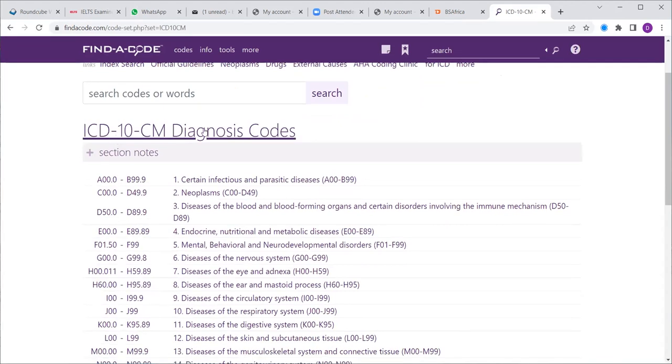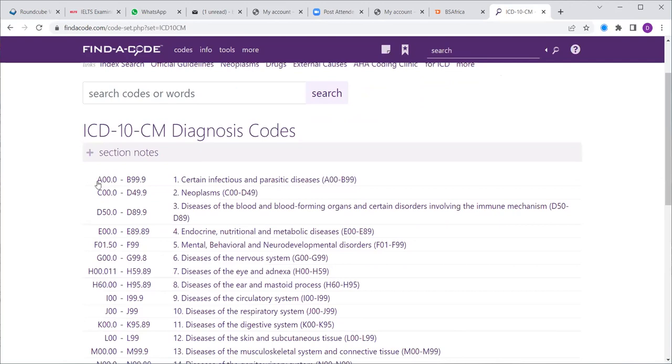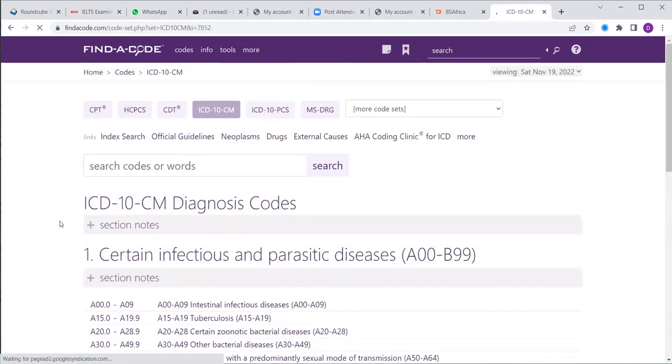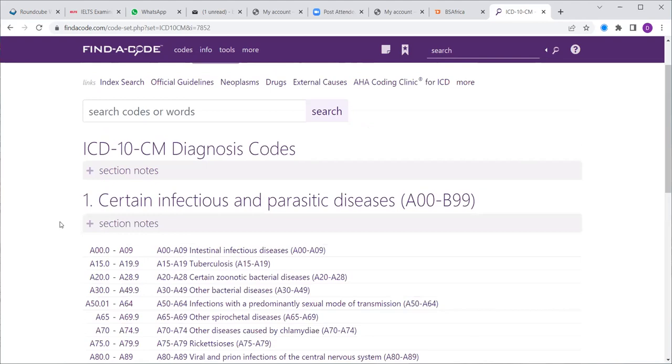You see ICD-10 diagnostic codes, and then you have code ranges from A00.0 to B99.9, certain infectious and parasitic diseases. Okay, so if I want to find a code for any disease, I come here. Let's say I'm looking for malaria.